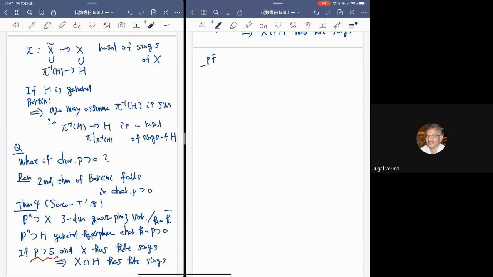Let me assume X is affine. So as before, X is a zero locus of the F_i, and F_i is a polynomial.